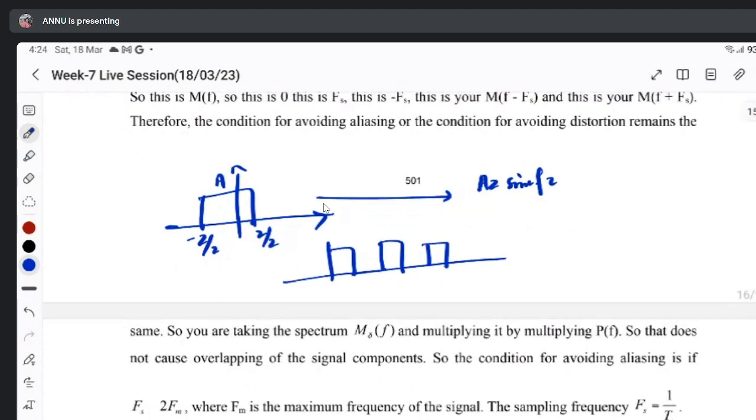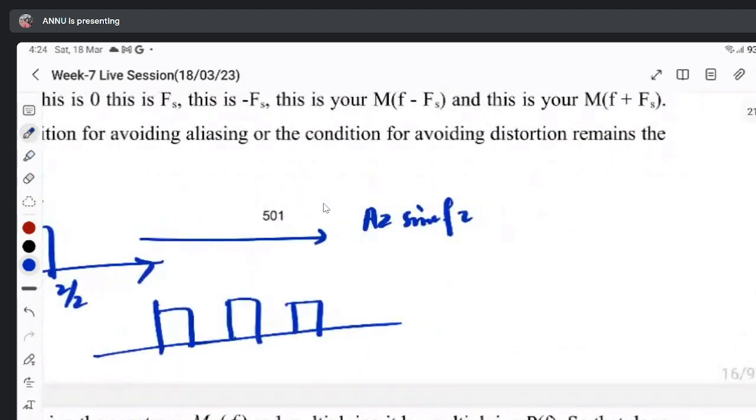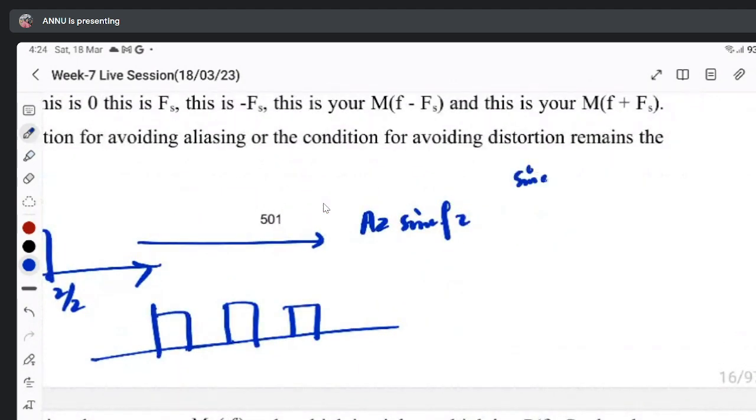So one question I ask from you: what is the sampling frequency for sinc(100t)? Sampling frequency of this sinc function.